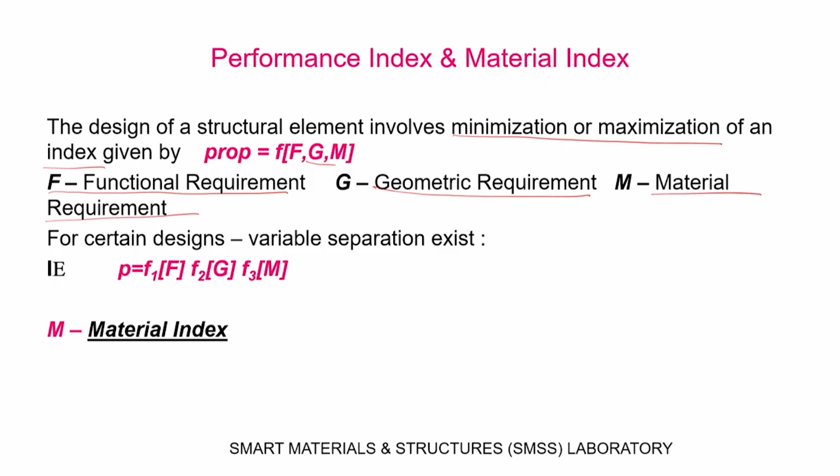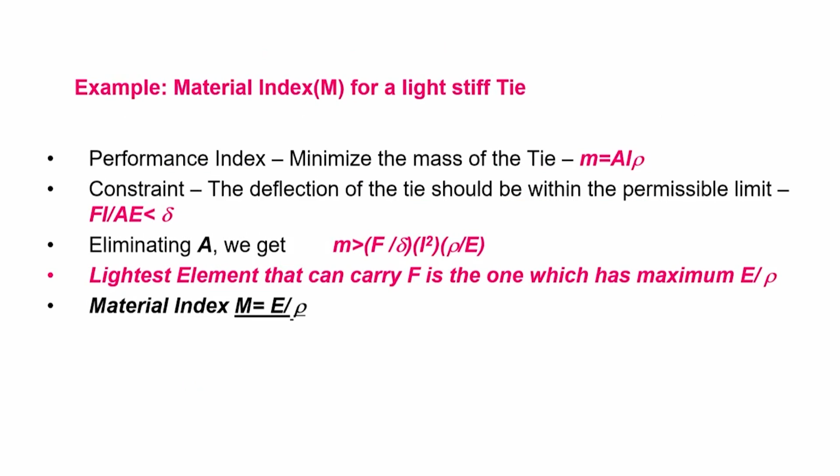And for certain designs, luckily not for all designs, towards the end I will show you how you can get these things coupled, but for certain designs luckily the separation exists. That means you can consider the functional properties separately, geometric properties separately, and the material property index separately. Now, for material choice we will go for this material index specifically. So, let us see how we can do that further.